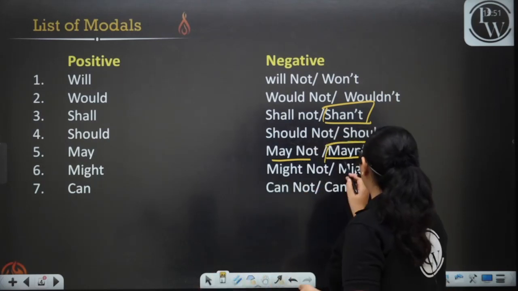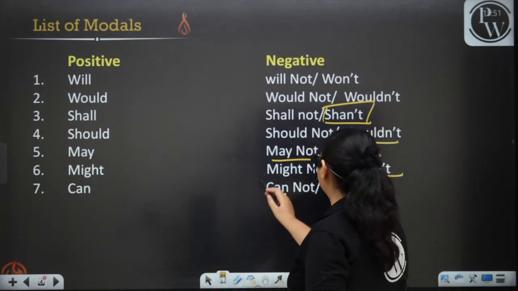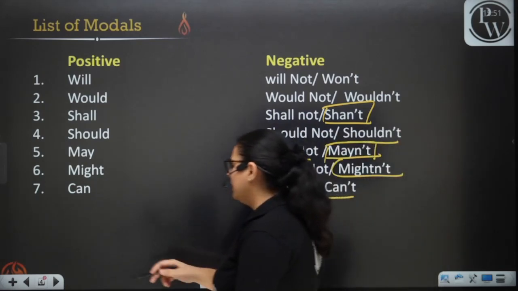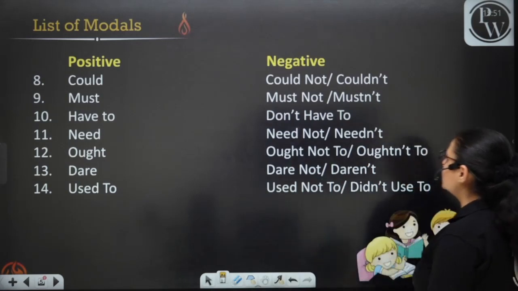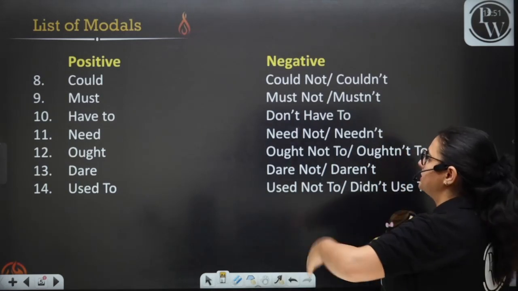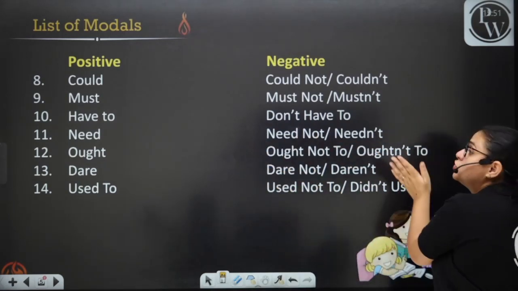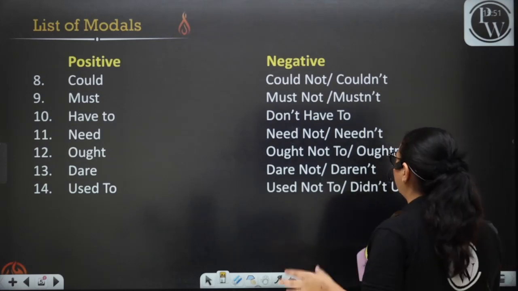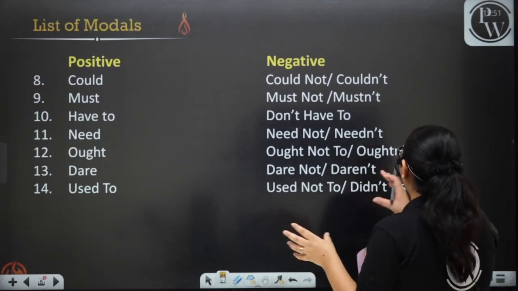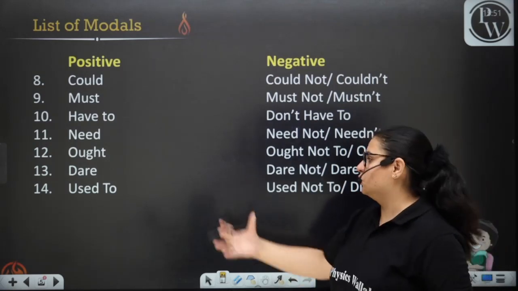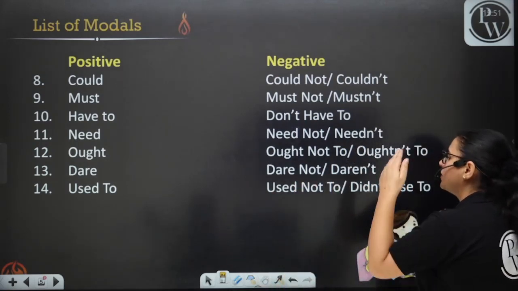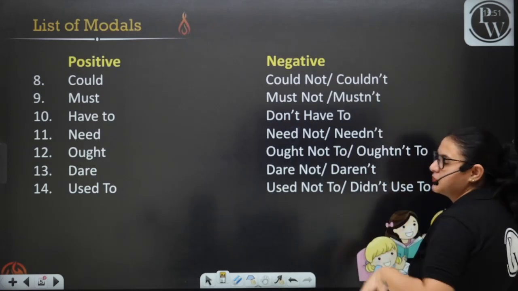Might, might not, or mightn't, and can, cannot changes into can't. Now, could becomes couldn't, must, must not, mustn't. Have to becomes don't have to. Need, needn't, ought, oughtn't, or ought not to. Dare, dare not, or used, didn't use to.